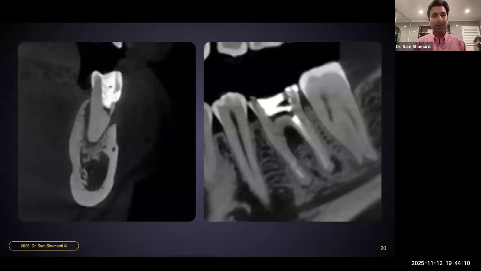So from a treatment planning standpoint, this is golden information, because now when we treatment plan that case, we're going to be prepared in terms of graft material and membrane material. And this is very important because a lot of times what ends up happening is that we look at a 2D PA, like that first case I showed you with the fracture, where things maybe on the PA looked fine.